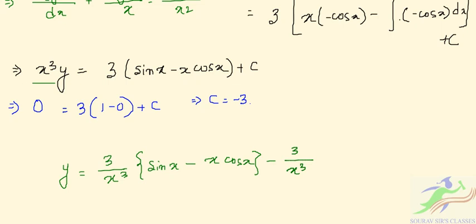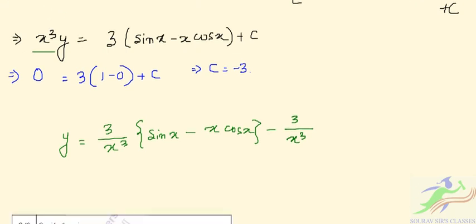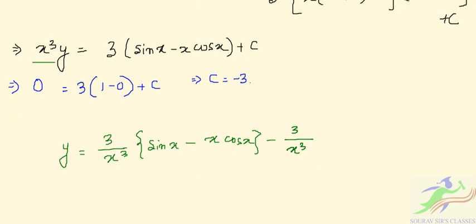So now we have to find the value of y at 5 pi by 2, right? So it is 3 over 5 pi by 2 whole cube.